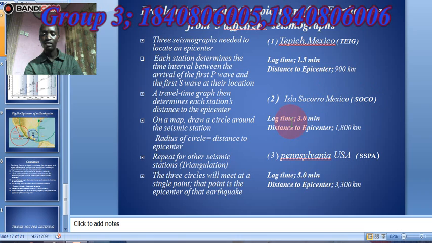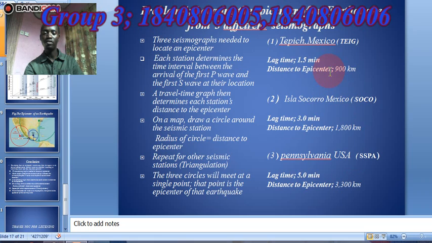The lag time in this seismograph is 3 minutes. The distance to the epicenter is 1,800 kilometers. This is Pennsylvania in USA. The lag time there is 5 minutes, and the distance to the epicenter is 3,300 kilometers.